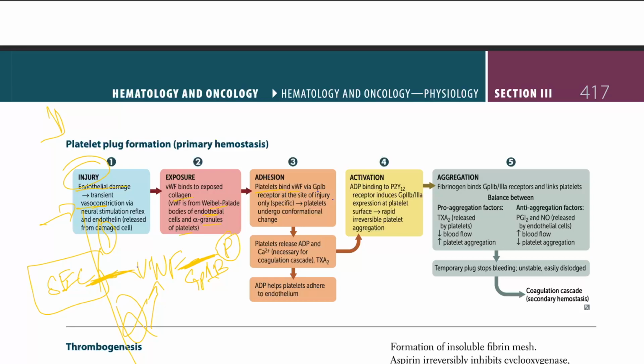The platelets would undergo conformational change. What is that conformational change? The platelet would now release two things, ADP and calcium, necessary for the coagulation cascade, and thromboxane too. Three things.